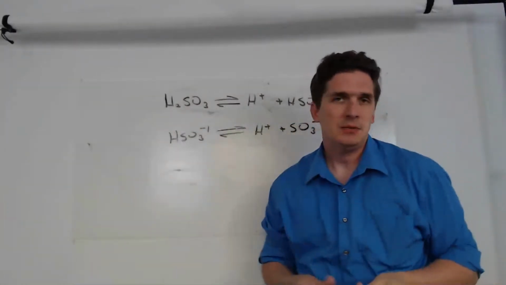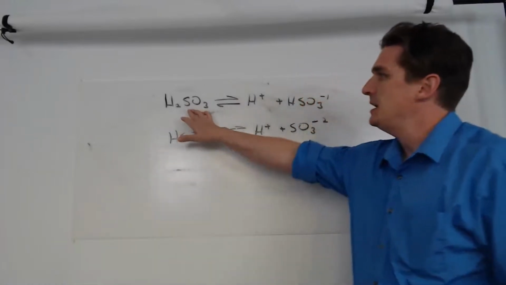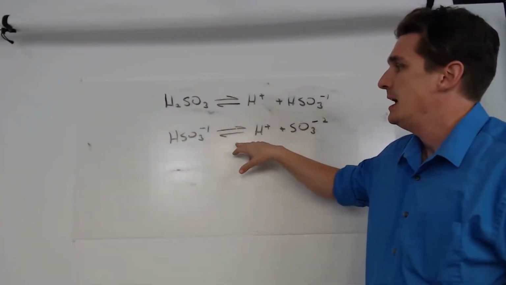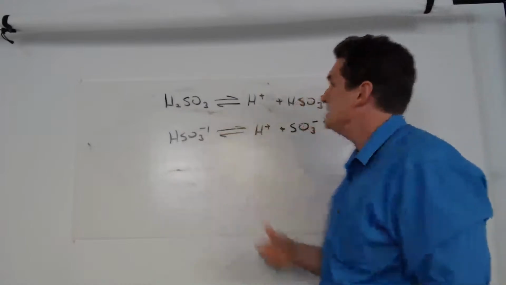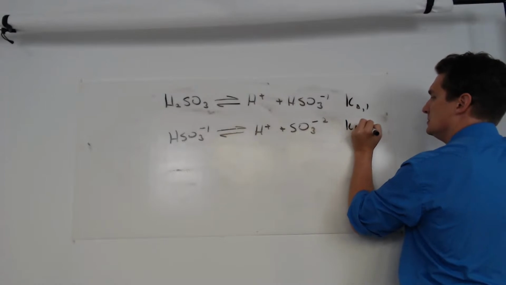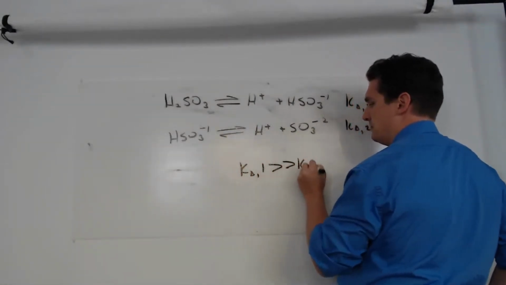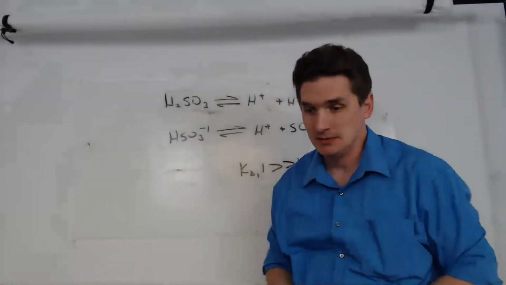So typically when we look at these diprotic and triprotic dissociations, if we've got the H2SO3, we're going to ignore the deprotonation of the HSO3 minus. And if we've only got the HSO3 minus, we're not going to worry about the first equilibrium. The reason being is that the Ka for this one, so Ka1 versus Ka2, is so much larger, we can effectively pretend that the second reaction isn't actually going on.